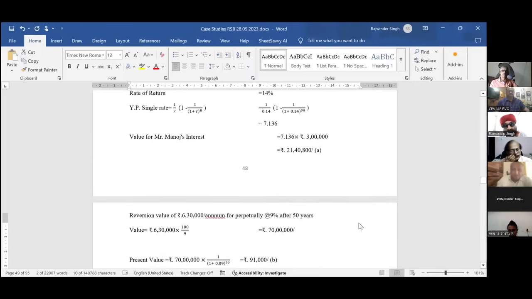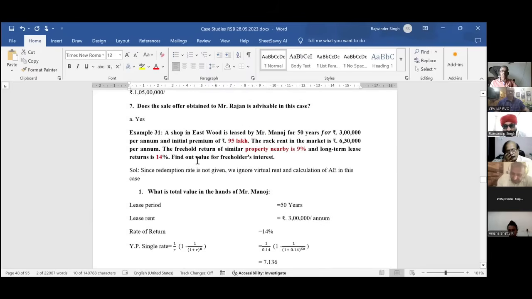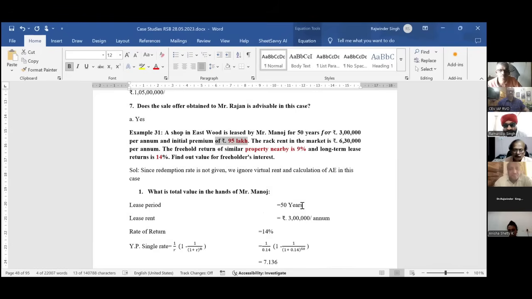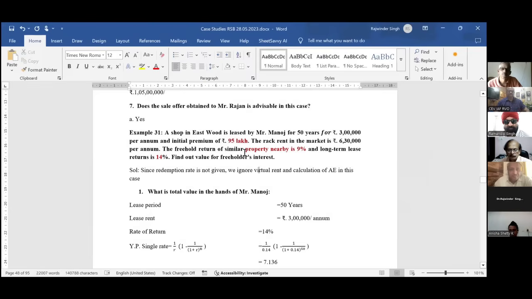Another thing you can add is how you can use this 95 lakh. We have ignored this 95 lakh here, but how can we use it? What is its use? Sir, I feel it is annuity due. It is not annuity due. Basically, this is premium paid, 95 lakh.